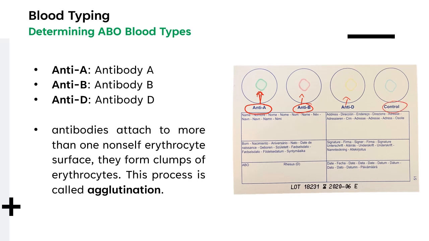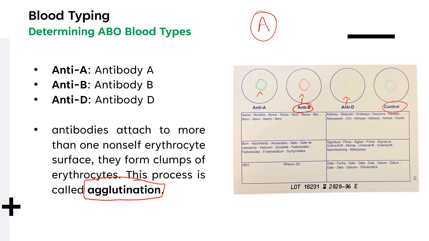If you put blood from a patient who has A blood inside this circle, the antibodies are going to react against the antigens that person has. When that occurs, you will have a reaction called agglutination, which I'm going to explain in just a minute.